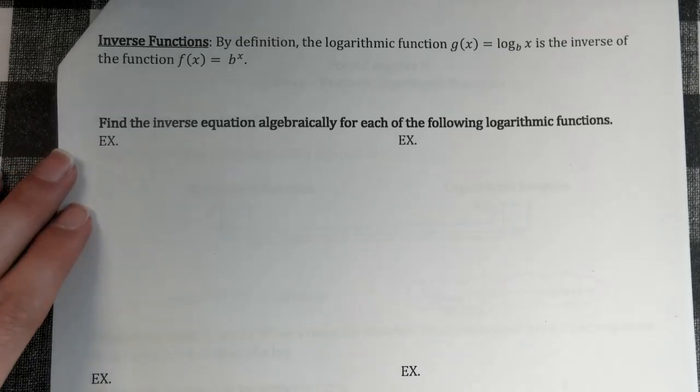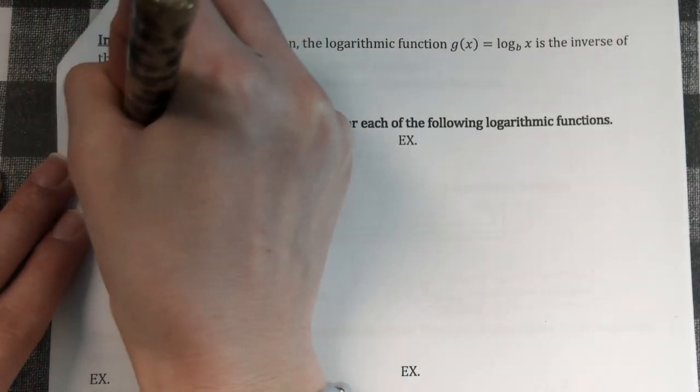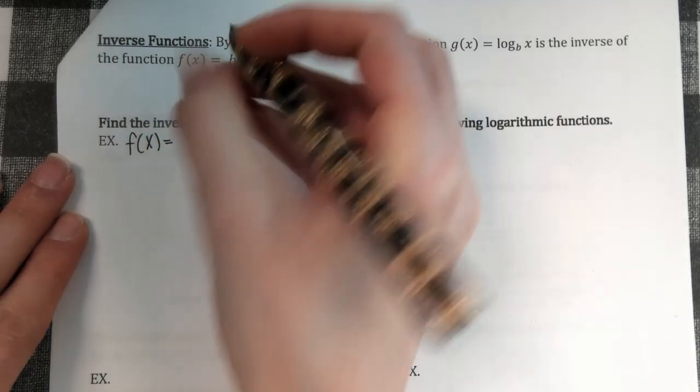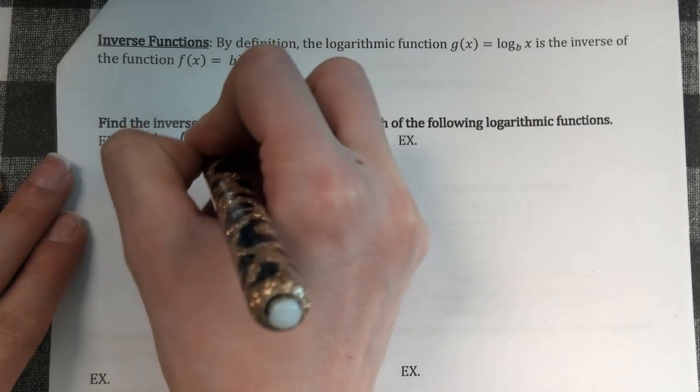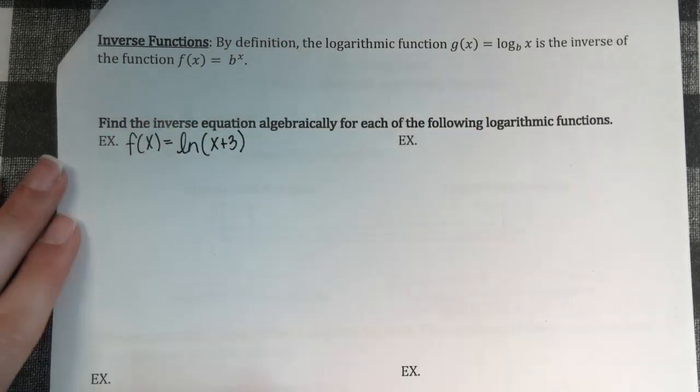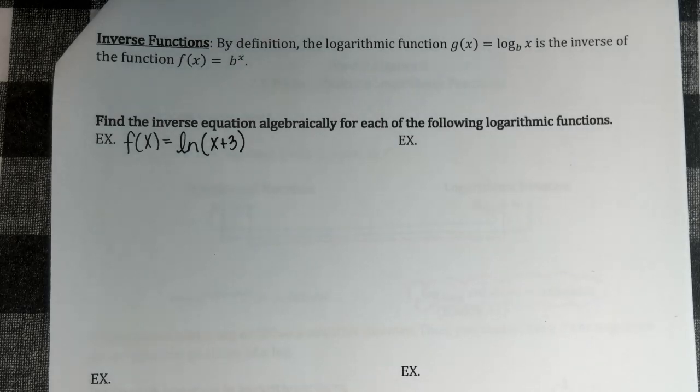So if I have my first example of f of x equals natural log of x plus 3, if you think back to 6.6, when we did inverse algebraically, what was our very first step? Y'all just took a test over this. You switch your x and y.